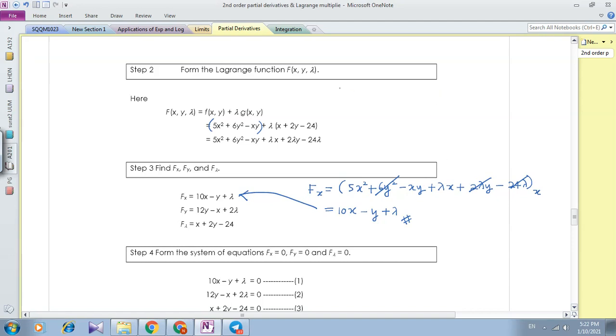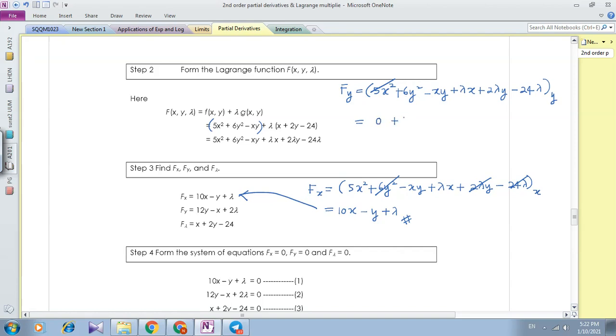Let me do it once again for F y. So 5x squared plus 6y squared minus xy plus lambda x plus 2 lambda y minus 24 lambda, and we are trying to find the partial derivative with respect to y. The first term will get 0 because we do not have any y term here, and then for the second term, I can write it for each term here.